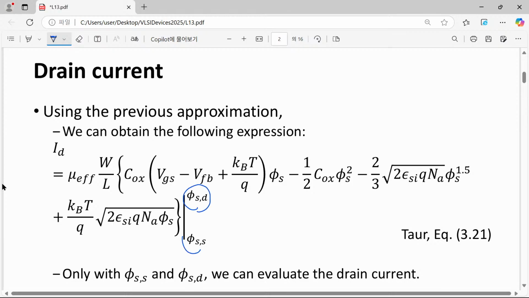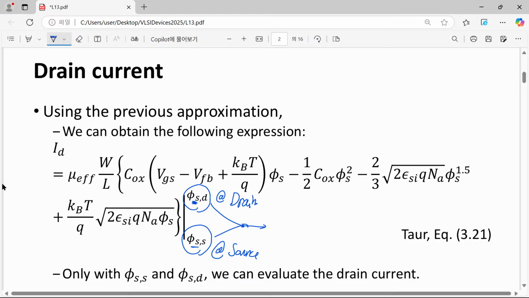Here we have two bounds of our integration: the surface potential evaluated at drain and evaluated at source. How can you calculate it? Since we are using the gradual channel approximation, we can just solve the one-dimensional MOS equation twice, at source and at drain.